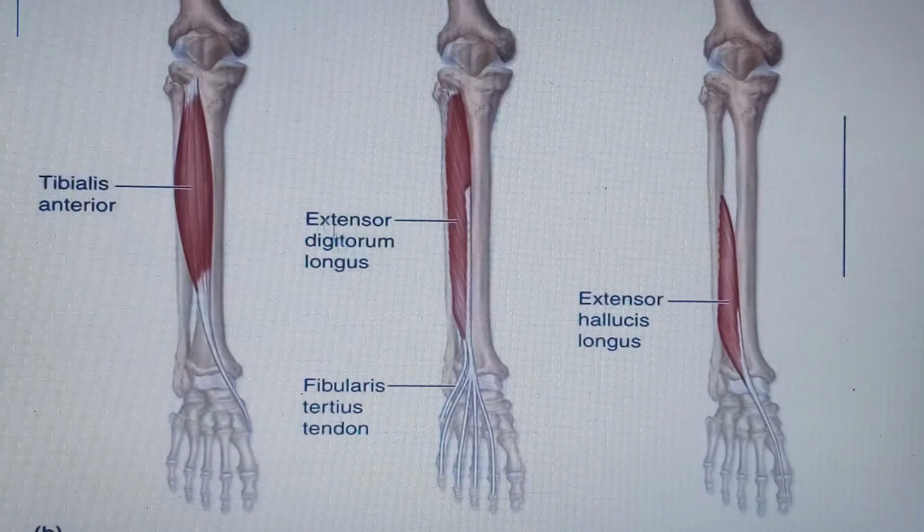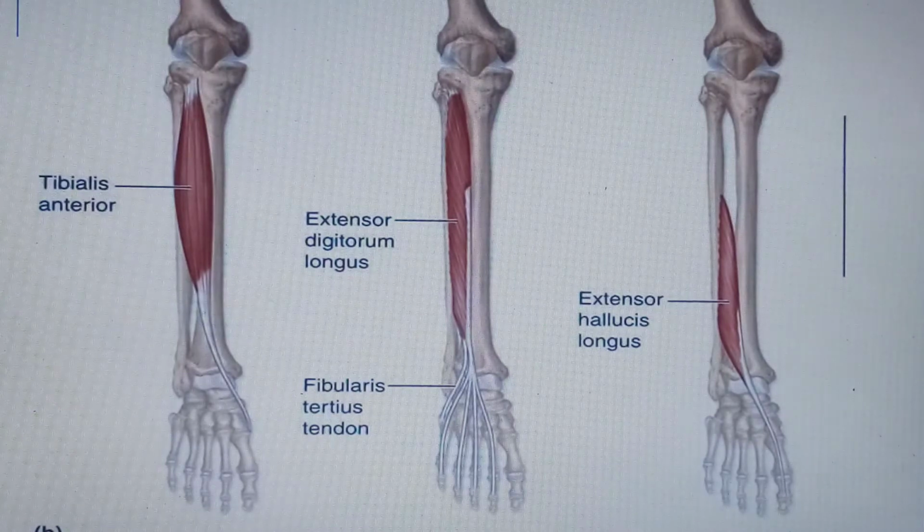But in the leg region we have extensor digitorum, and this time you add longus to it. As I said, it is deep to tibialis anterior, and it originates from the lateral condyle of the tibia, as well as around the lower aspect of the head of the fibula, and the anterior shaft of the fibula.